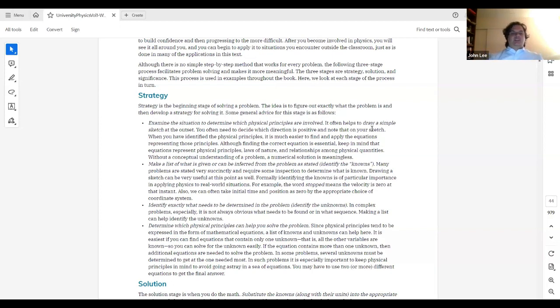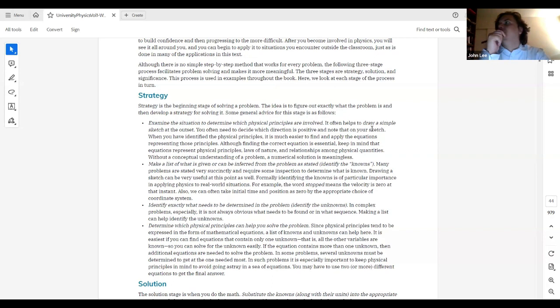Make a list of what is given or can be inferred from the problem as stated, which are identified as knowns. So if I tell you you're going 50 miles per hour, how long does it take you to go 20 miles?